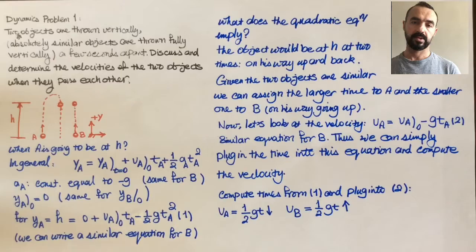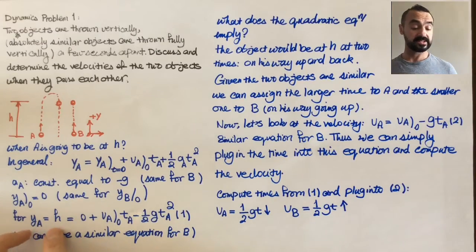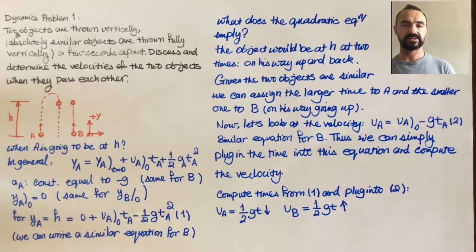So now you know the solution to this problem. Also think about what happens if the two objects were not similar. You shouldn't have a fundamental problem solving that one too, because the only difference would be, alright, height is again the same if the two objects were not the same.